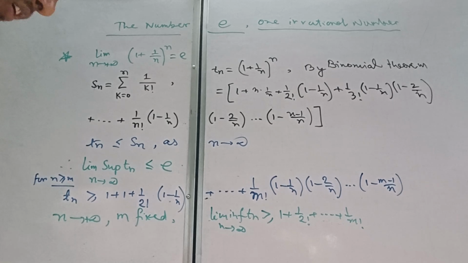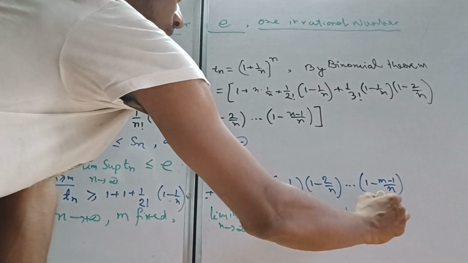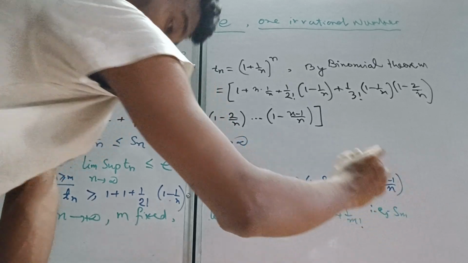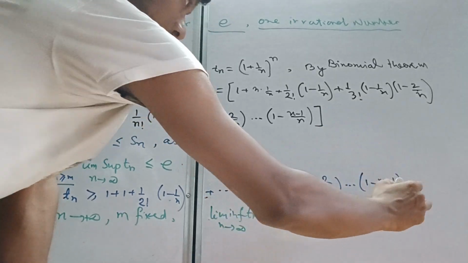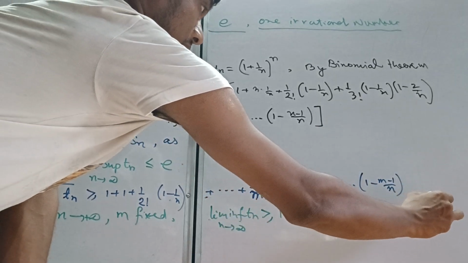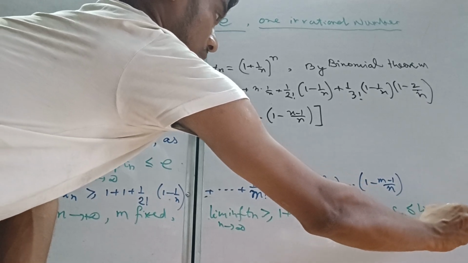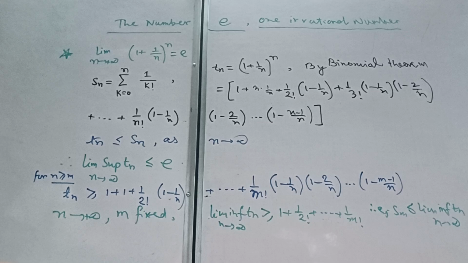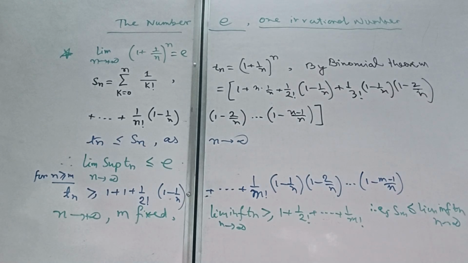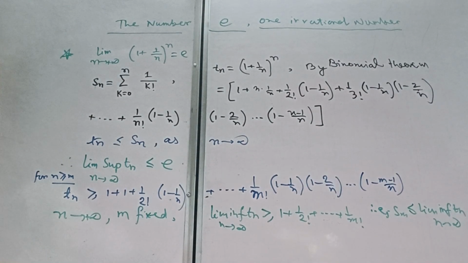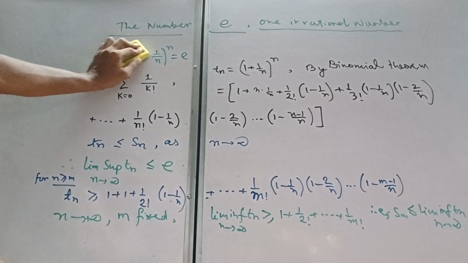In this way we also write Sm is less than or equal to the limit infimum of Tn as n tends to infinity. Now we erase that portion.